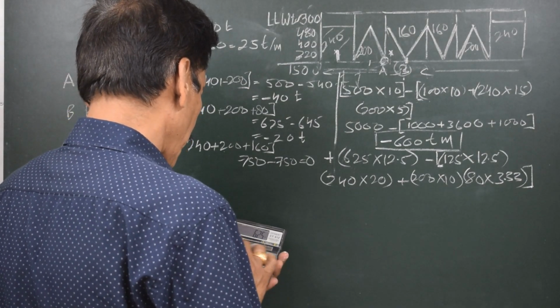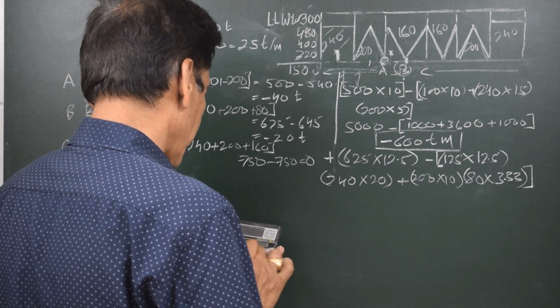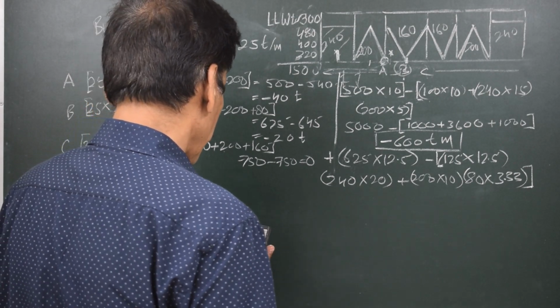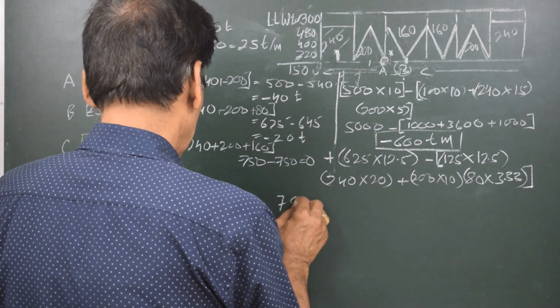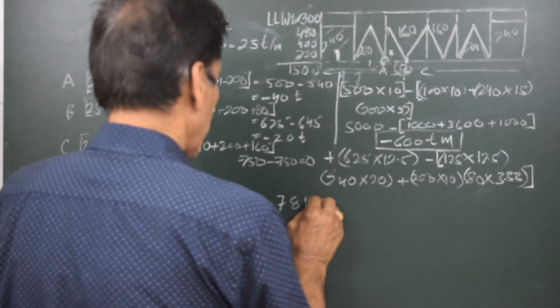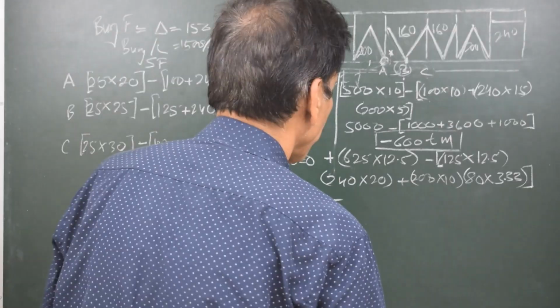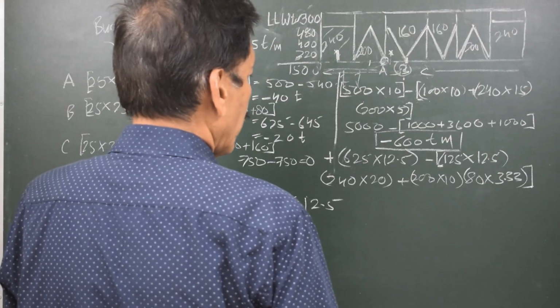625 multiplied by 12.5 gives me 7812.5, right?